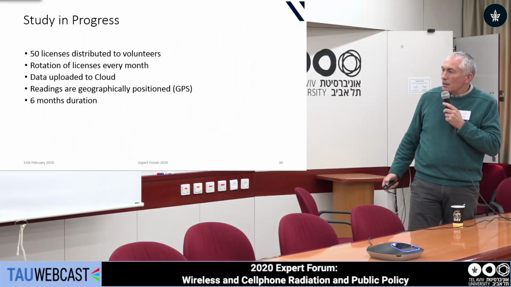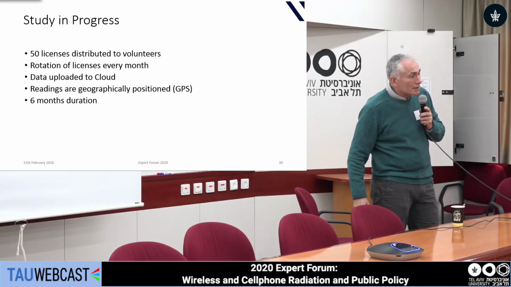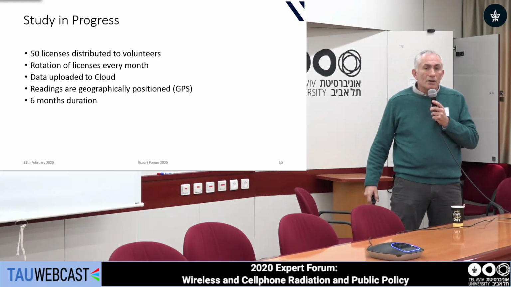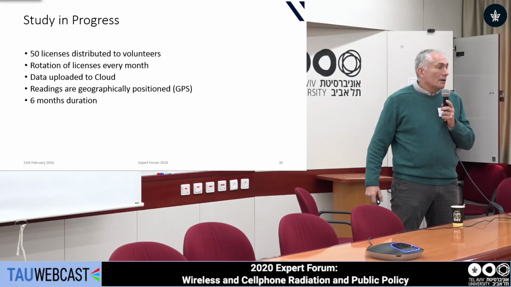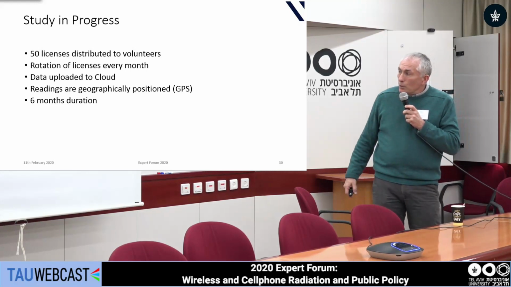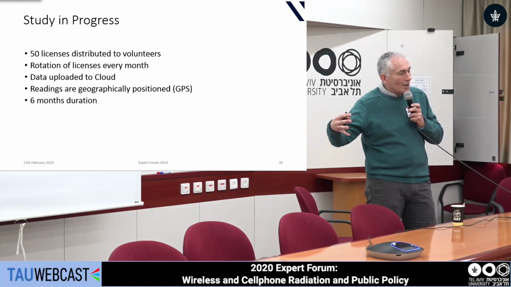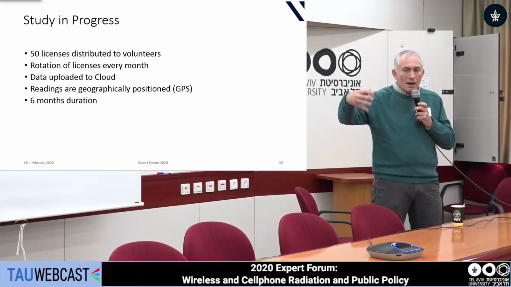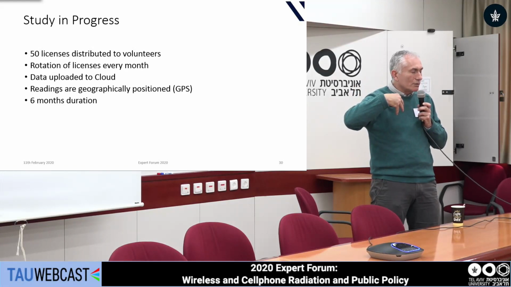So what are we doing with all this? Well, myself and Yael, we have about 30, 40 licenses, and we have used them with volunteers who have been just traveling around Jerusalem and all sorts of places. This is for CellRate, using the CellRate application. And what we get is lots of data, which is taking us an awful long time to analyze, but we're getting maps of actual true exposure, what the person is most likely going to suffer.